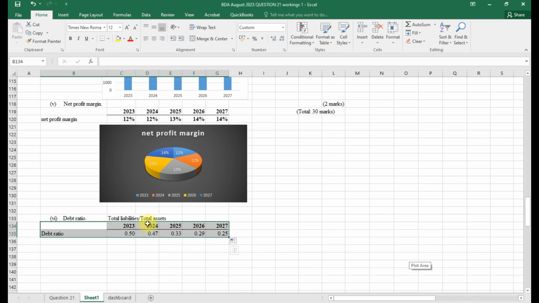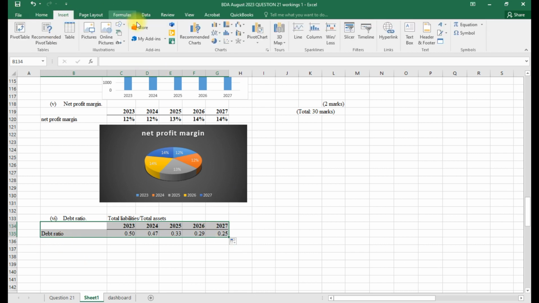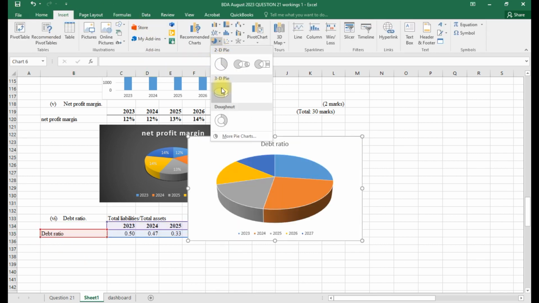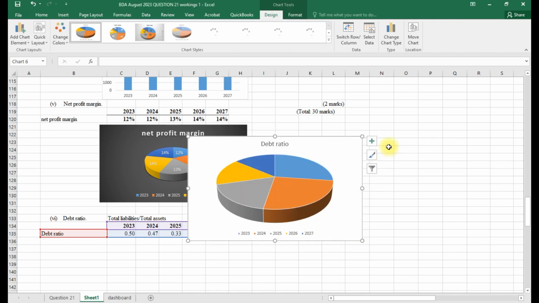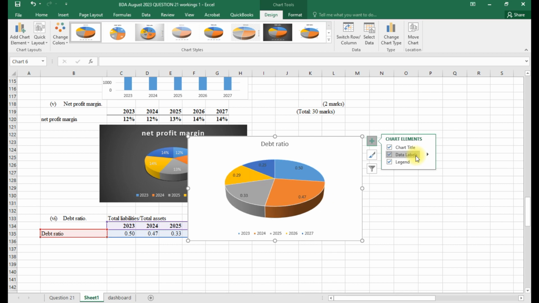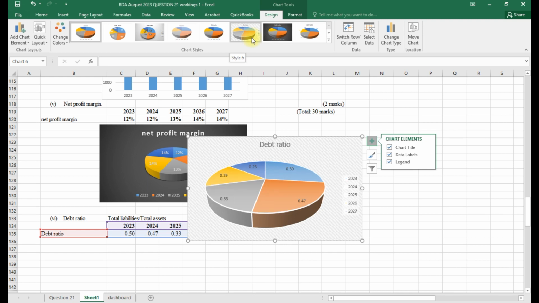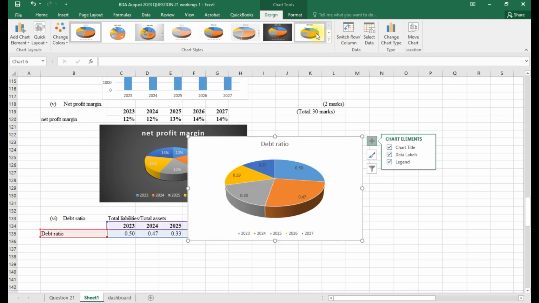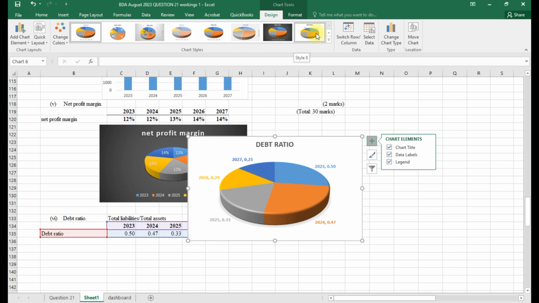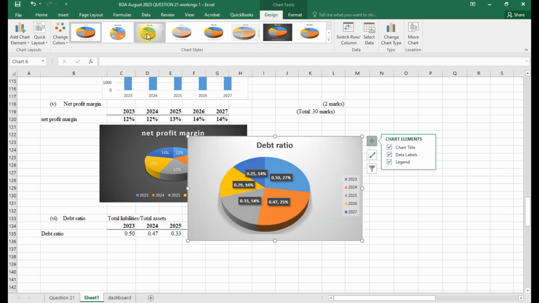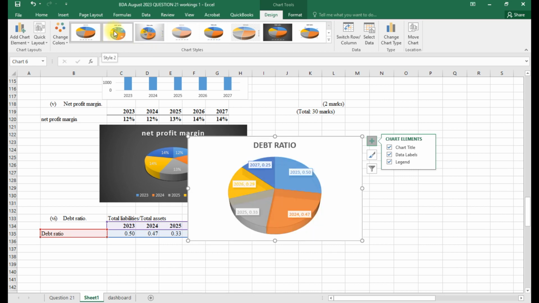So this one we shall use again a pie chart. Insert pie chart. I'll use a chart with my data label. So those are the ratios, and so I'm selecting the right one here.